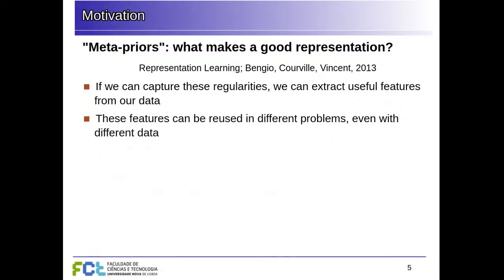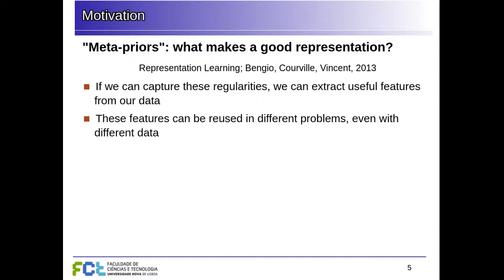So these considerations mean that if we can extract these regularities, if we can extract the features that meet these criteria, give us a smooth mapping, represent the manifold of the data, represent those independent aspects that contribute to the data, and so on, then we'll have a representation that is very useful, not only to help us solve a particular problem with, for example, a smaller data set that we are going to use for classification because it's labeled or something like that, but even useful to solve similar problems with different data sets, but that can retain many of the same features.